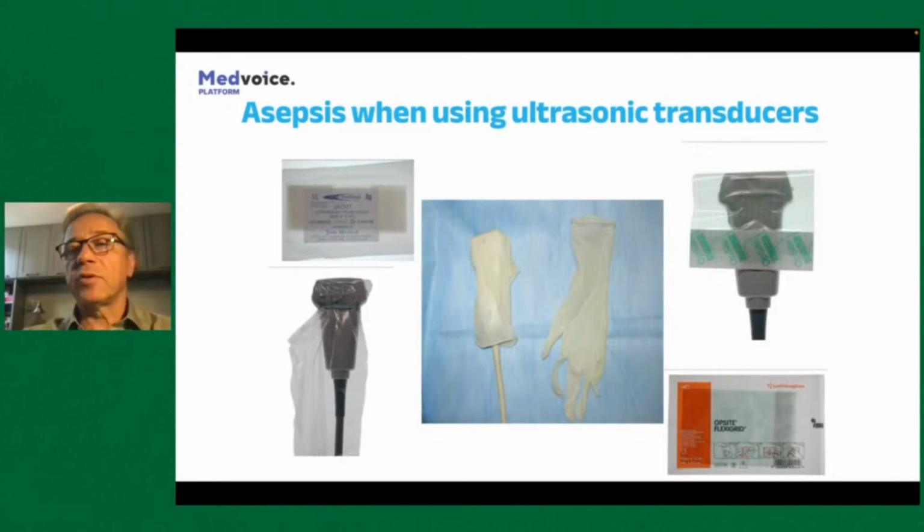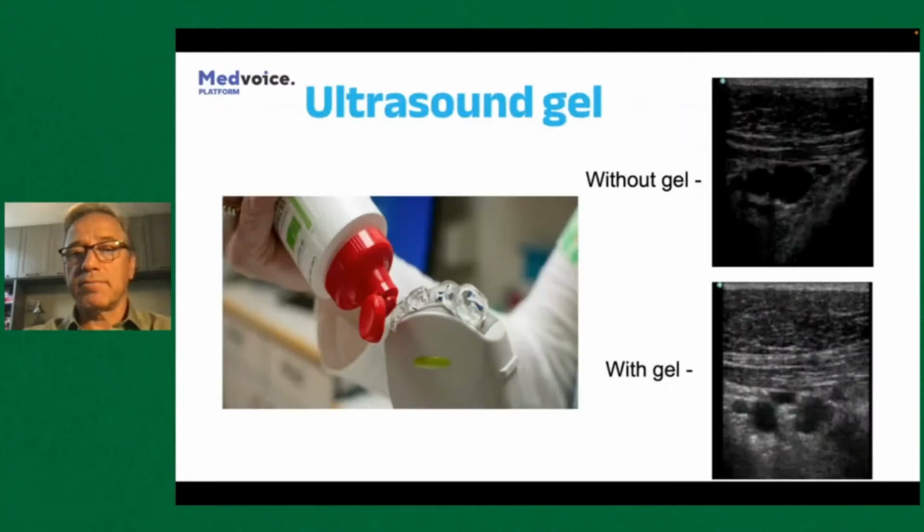If you're using a single shot, there is no evidence that you need to gown, so a normal hat, mask, and sterile gloves is sufficient. Ultrasound gel makes a lot of difference. Apply the ultrasound gel. You can see in the picture on the top, without gel and with gel, it is a lot better.